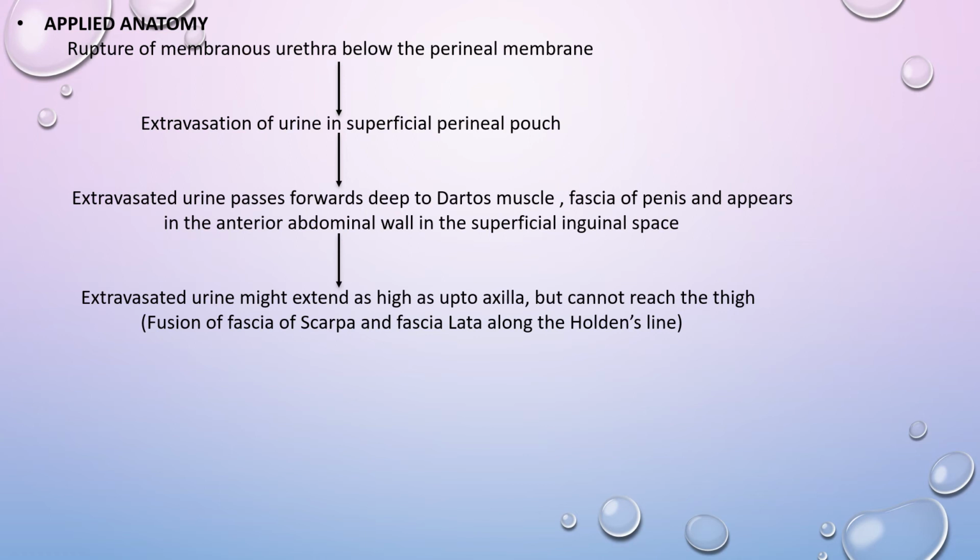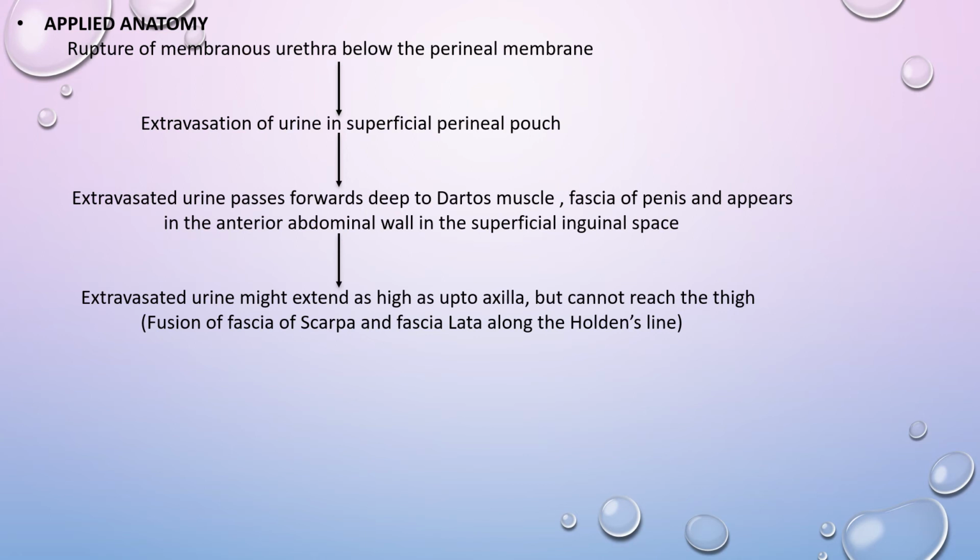Whenever there is an injury to the perineum, the membranous urethra may be ruptured below the perineal membrane. If it is ruptured, there may be an extravasation of urine in the superficial perineal pouch.